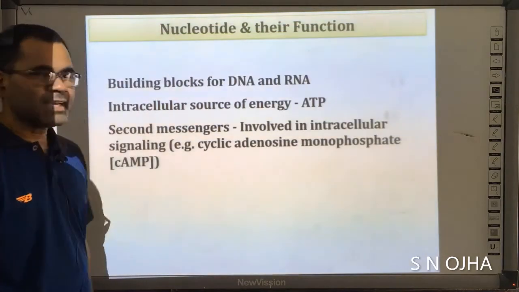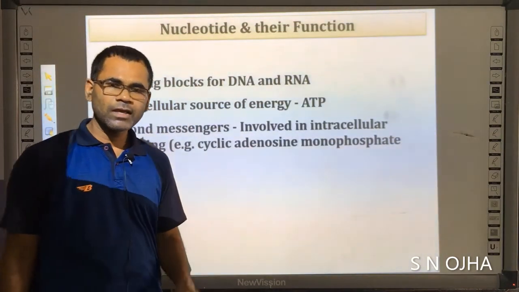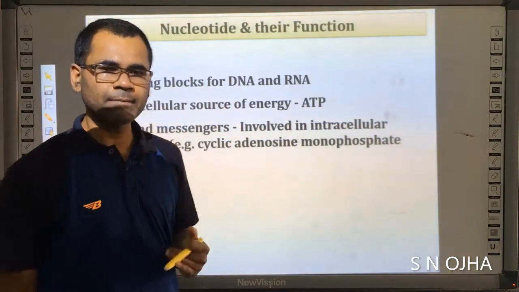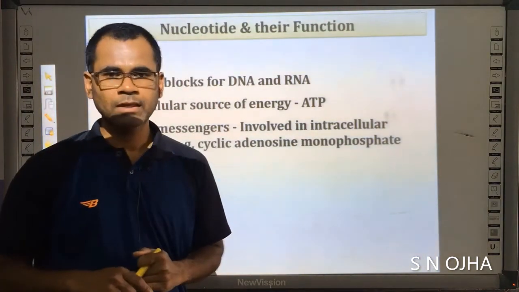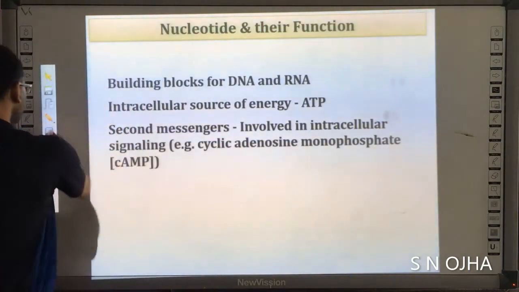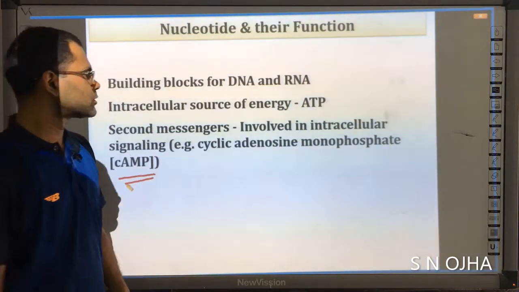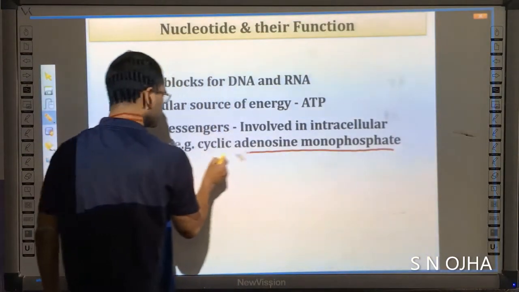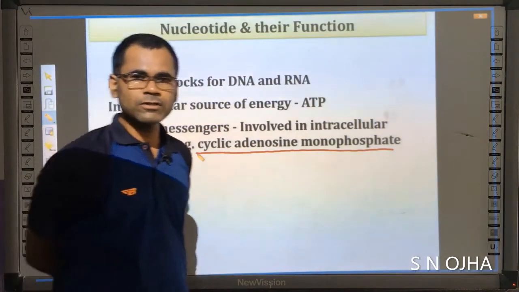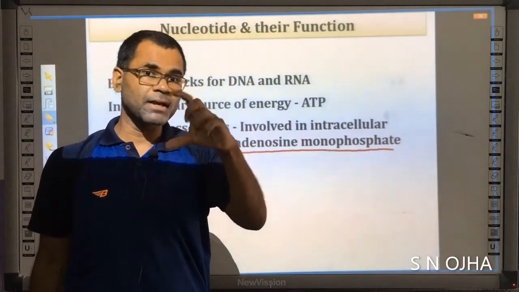Next, they act as secondary messengers. In class 11th, we have studied hormone action. In that hormone action, you have seen this word cyclic AMP, cyclic adenosine monophosphate. This cyclic adenosine monophosphate acts as a secondary messenger.